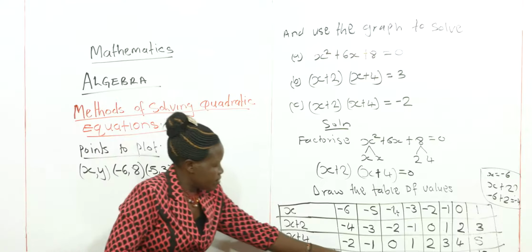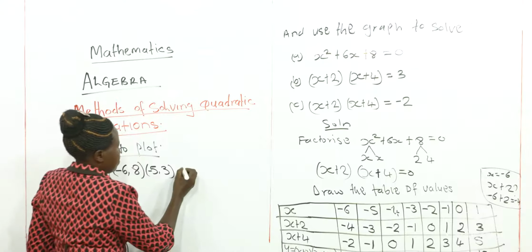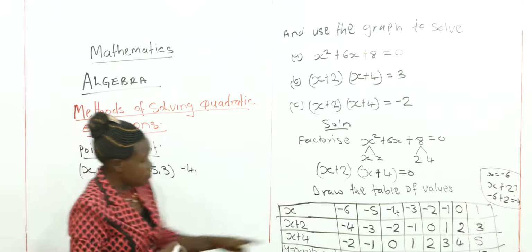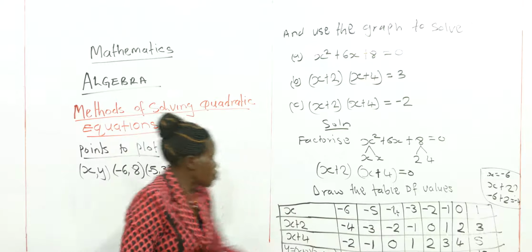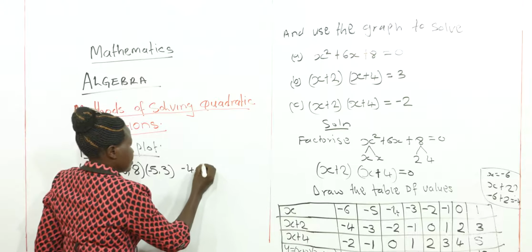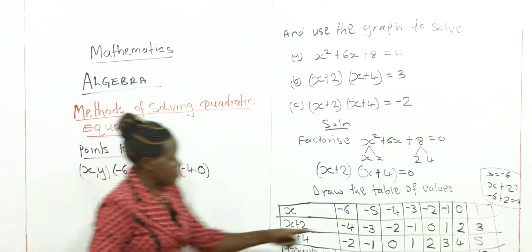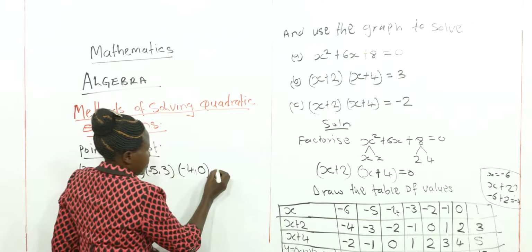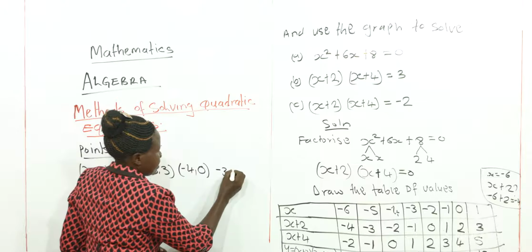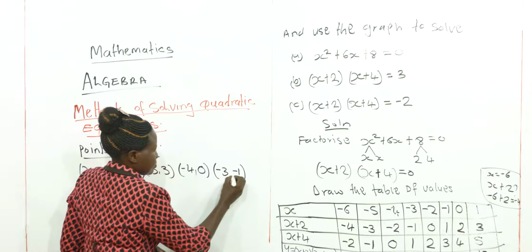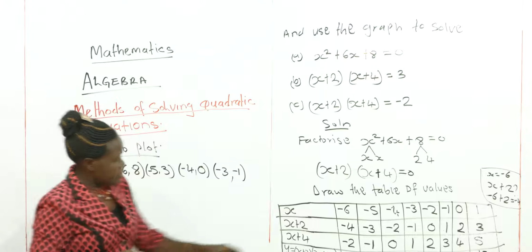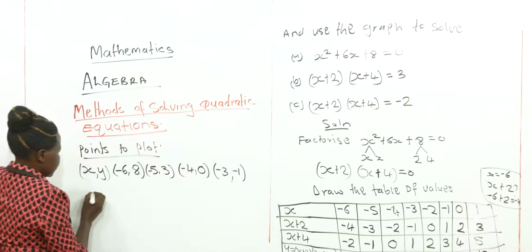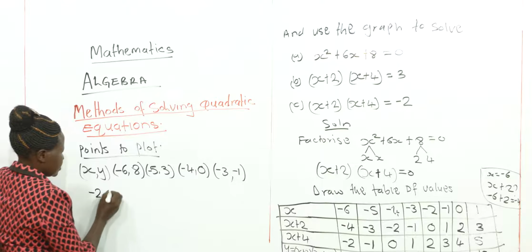And then we have negative 4 and 0. Negative 4 and 0. And then we have negative 3 and what? Negative 1. Negative 3 and negative 1. And then we have negative 2 and 0. Negative 2 and 0.